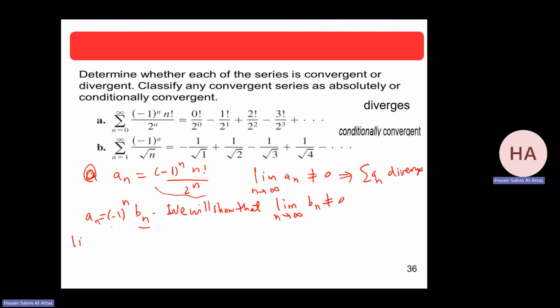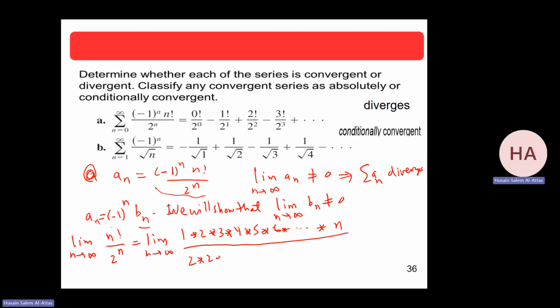So we want to check the limit as n goes to infinity of n factorial over 2 to the power n, which is the limit of 1 times 2 times 3 times 4 times 5 times up to n, that's the factorial, over 2 times 2 times 2 times 2, n times.